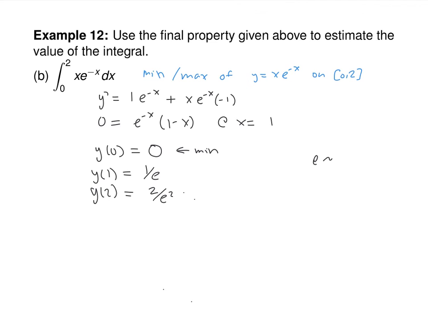Isn't e awfully close to, say, I don't know, 3, 2.7? So you've kind of got 1/3 versus 2/9. Who's bigger? 1/3. So this is the max.